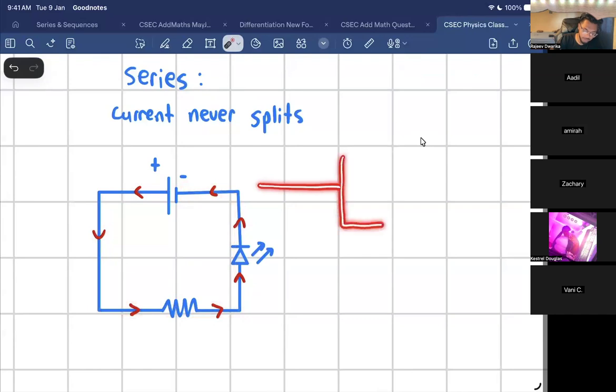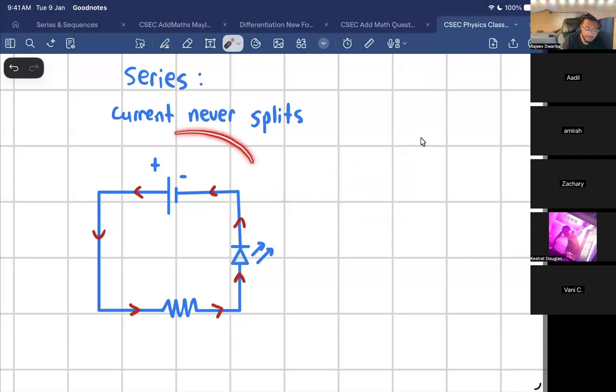Consider you had this circuit over here and the current was flowing like so. When the current reaches this junction, what happens? It will go two ways. It's going to split in the middle, and therefore that wouldn't be a series circuit, because the current would split.